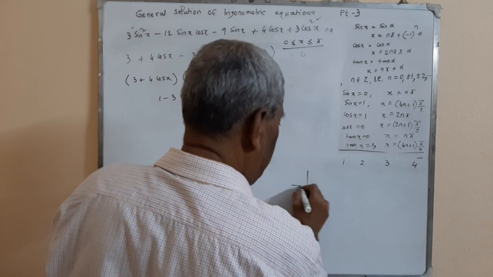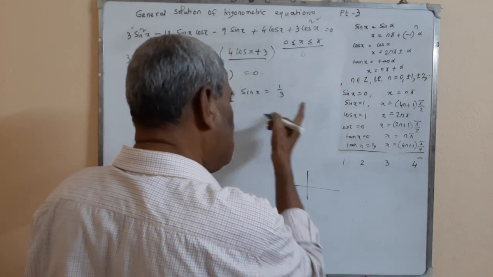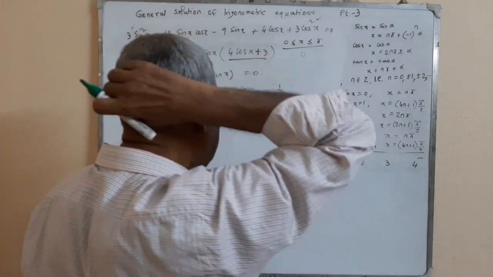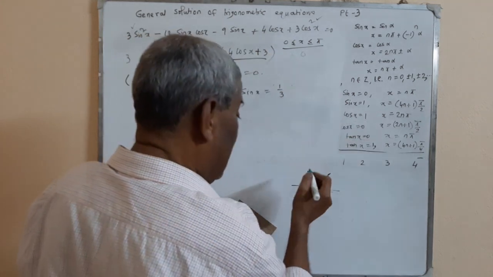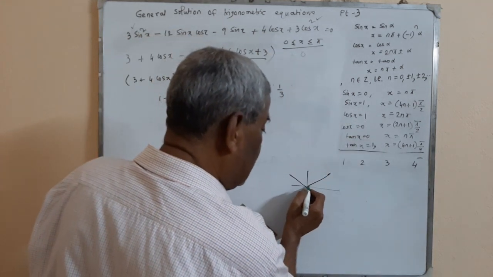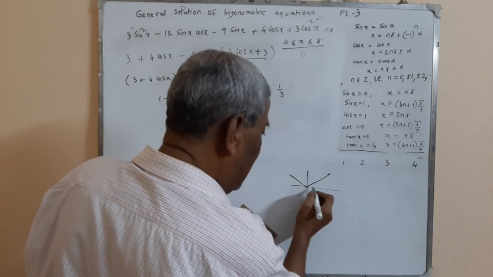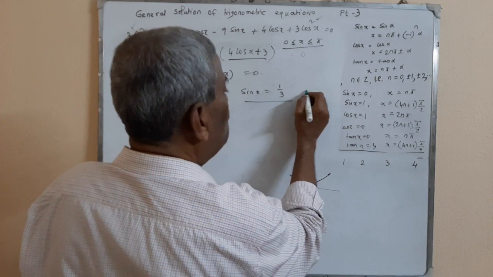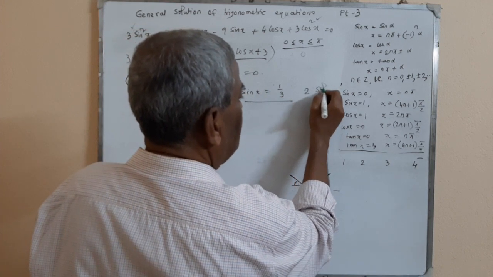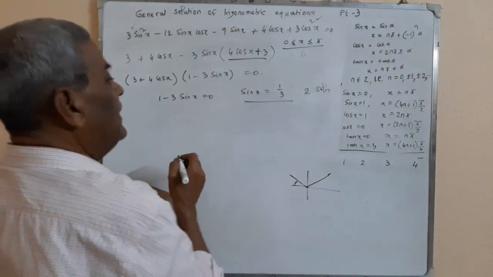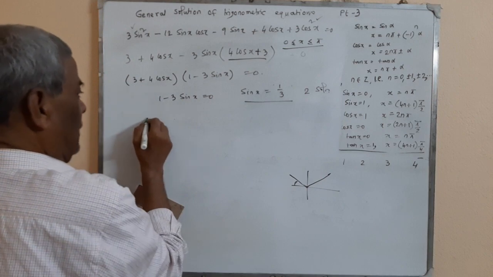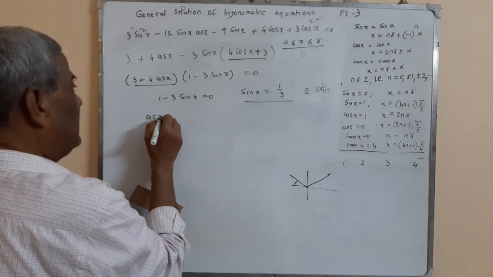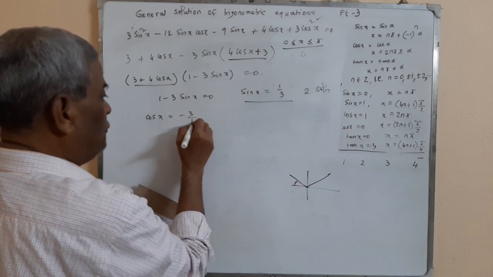It is sin x is equal to 1 by 3. It has one root in the first quadrant and one root in the second quadrant. If it is alpha, pi minus alpha is another root. So it has 2 solutions. And if 3 plus 4 cos x is 0, then cos x is equal to minus 3 by 4.